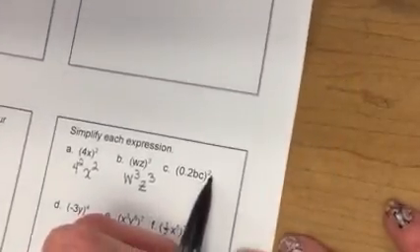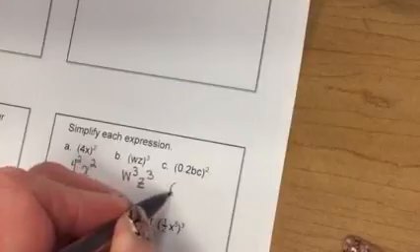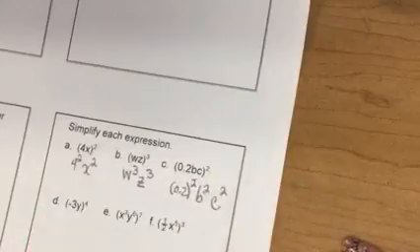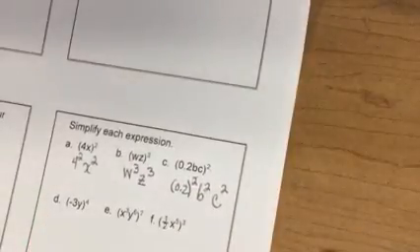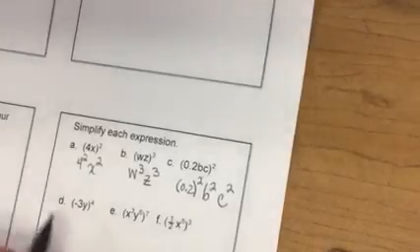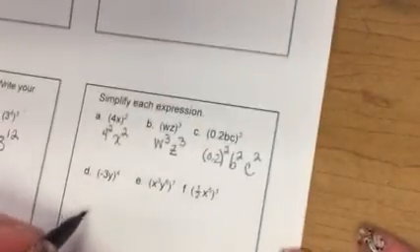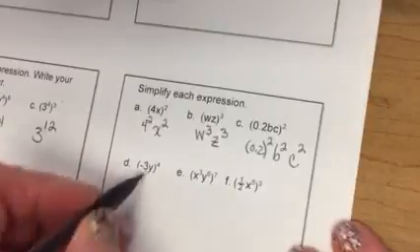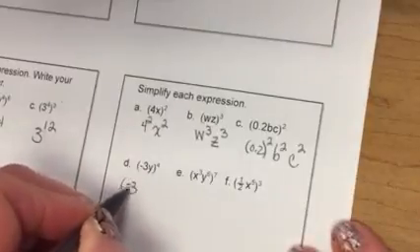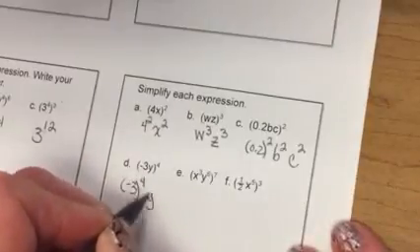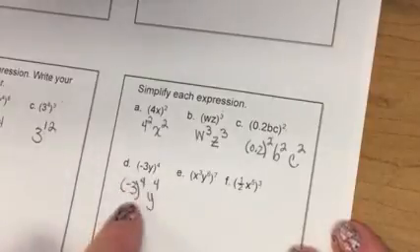Everybody to the 2nd power, 0 and 2/10 squared, b squared, c squared. Letter D, negative 3 to the 4th, y to the 4th. Yes, that has to be in parentheses.